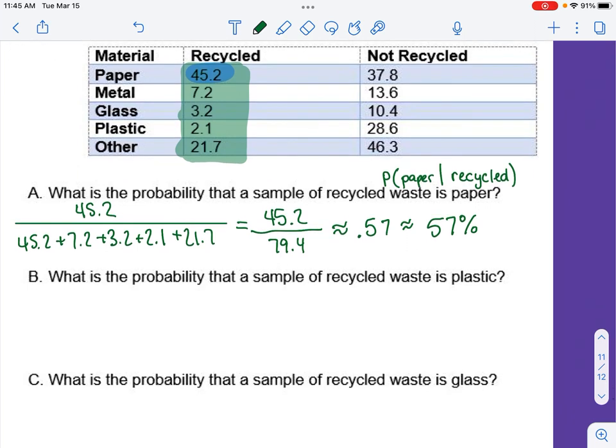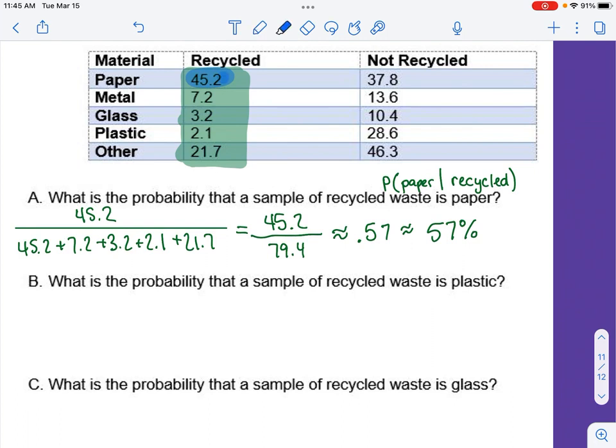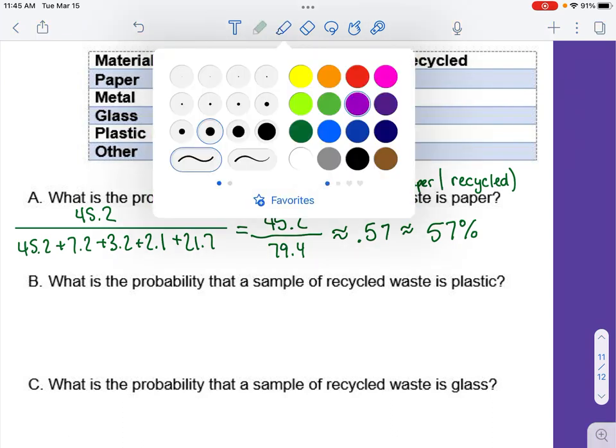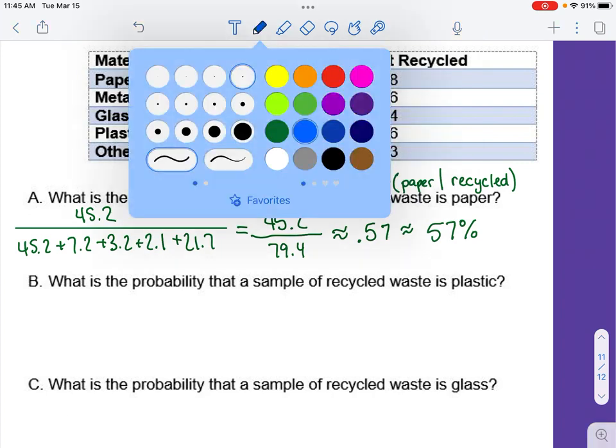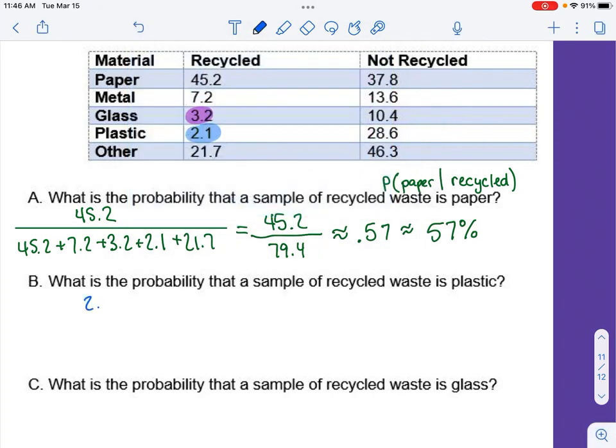B and C are basically the same problem, except now instead of looking at recycled paper, we'll be looking at recycled plastic or recycled glass. So, if we look at the plastics, you'll have the plastic amount over the total amount of recycled goods, which is the same as above. Then you can just go ahead and divide these to get your decimal and then convert it to your percent.